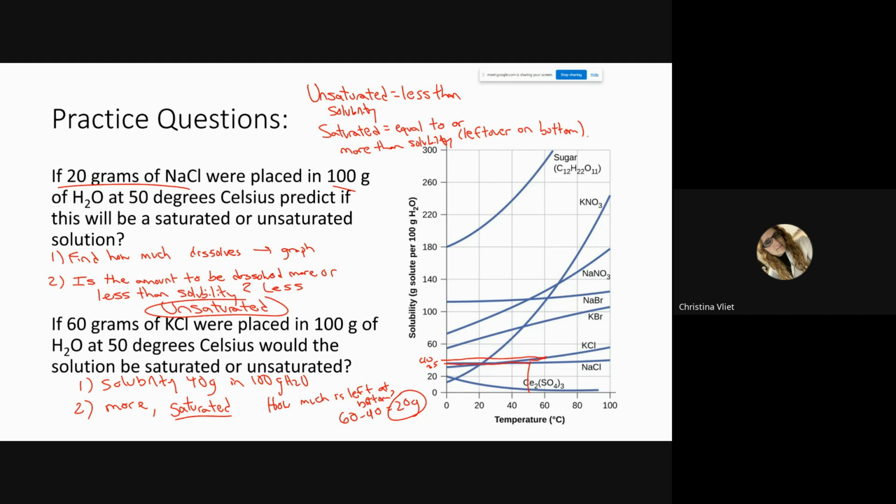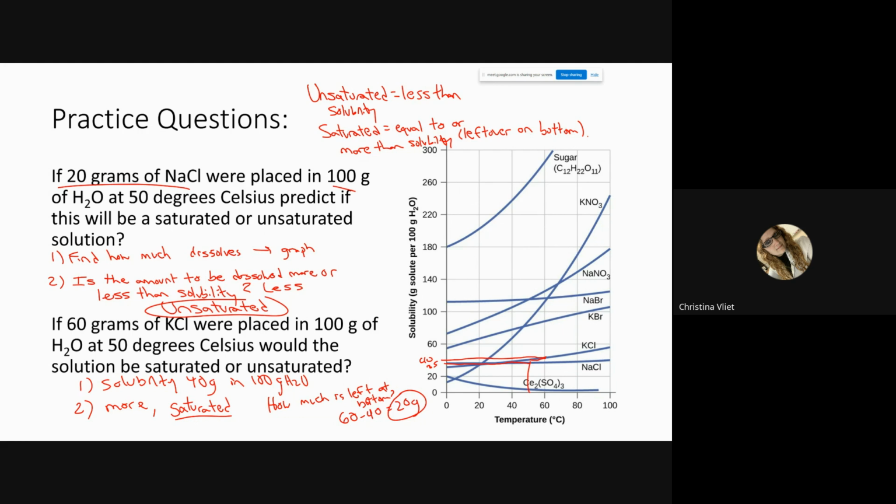Now, supersaturation sounds interesting. It is a specific process, and it's actually a little bit difficult to do, not impossible, but a little bit difficult. A supersaturated solution is when you take something whose solubility changes with an increase in temperature, and you dissolve as much as you can at high temperature, and then you let the solution cool down.